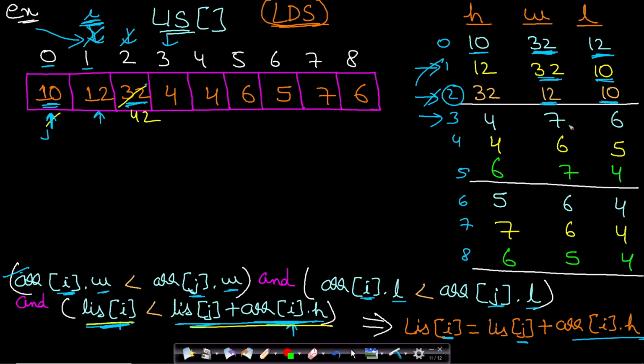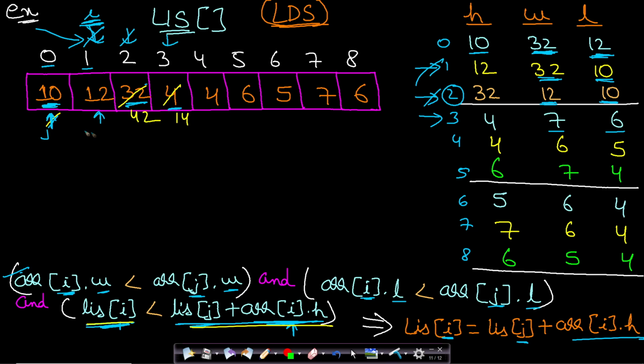Now this 32 is greater than 7, 12 is greater than 6, so it is strictly decreasing dimension. And so if you look at this point, then if you add this box's height, longest decreasing subsequence at this point J with this height 4, then will this be more than 4? Yes, it will be more than 4. So we need to update it. It will be 14, right?